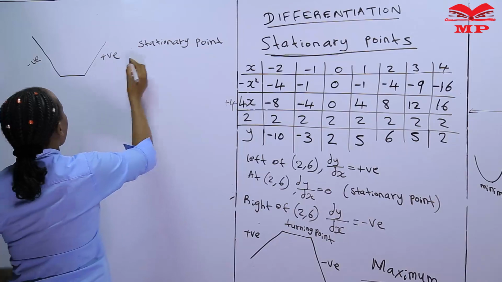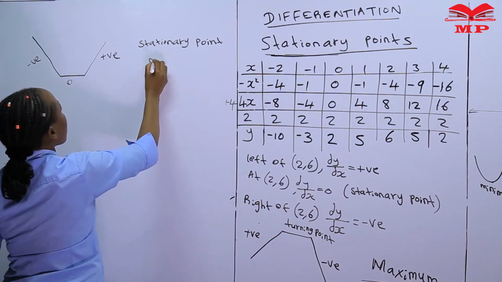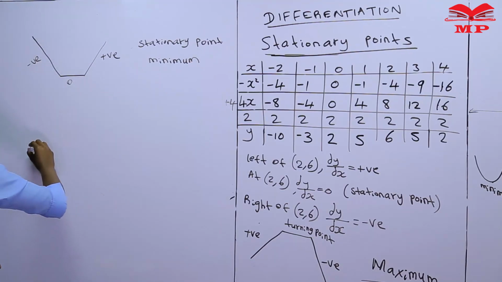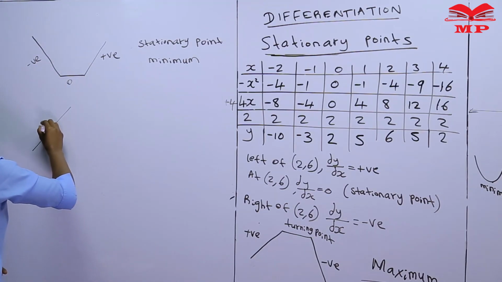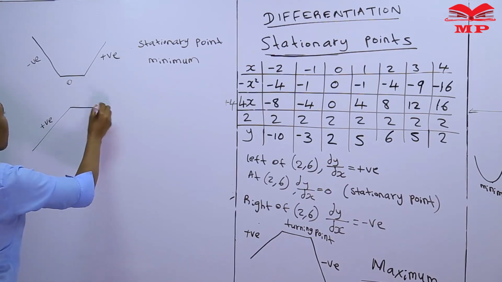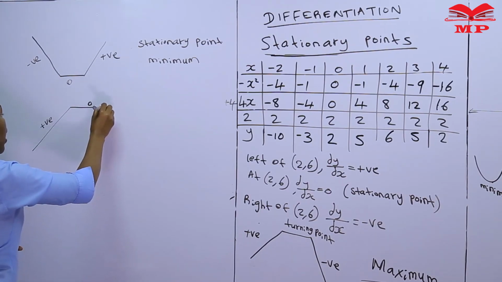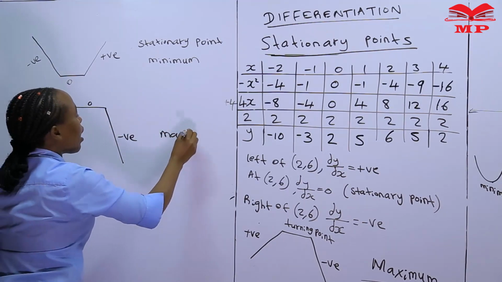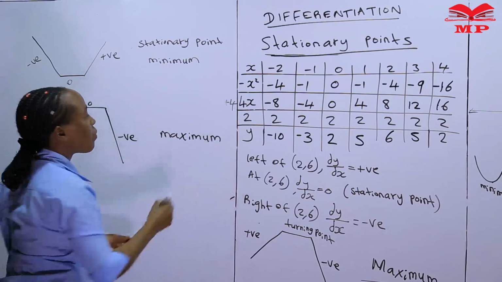When we have negative, 0 gradient, and positive, it is a minimum. And when we have positive, as you can see in that graph, then the stationary point with 0 gradient, and then negative, this will be a maximum.